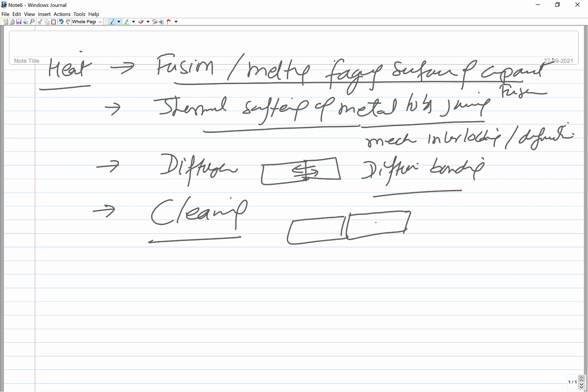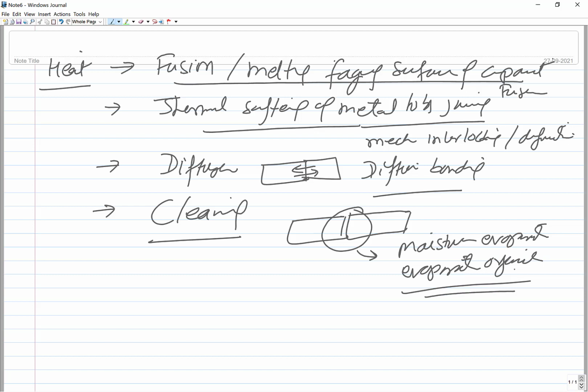So heat applied, you see what it will be doing. Application of heat will raise the temperature. So when there is a rise in temperature of the surfaces, whatever moisture you have will be evaporated. Moisture evaporation. Likewise, evaporation of all chemicals and compounds like paint, oil present at the surface. So organic compounds present at the surface are evaporated. Evaporation of chemicals and compounds present at the surface. That's the second.